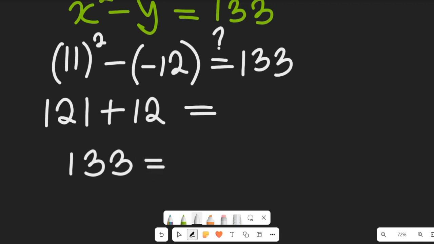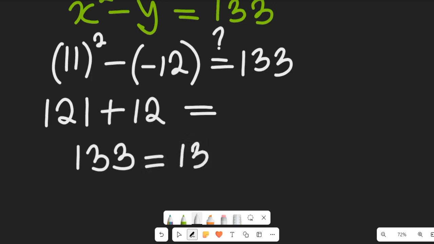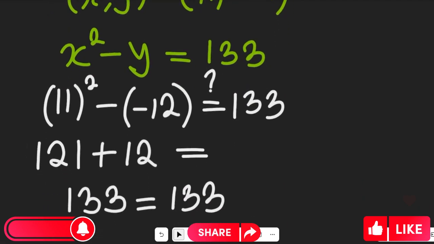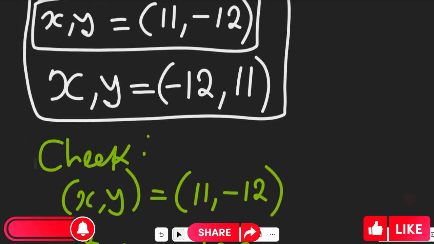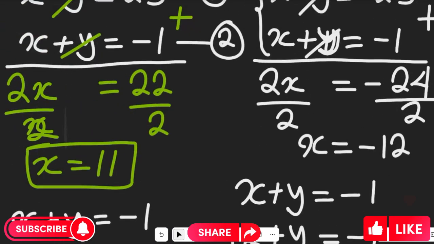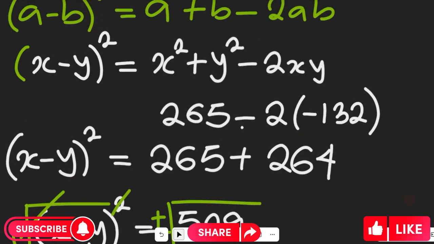So you see 133 is equal to 133, which tells us that the solution x, y equal to 11 and negative 12 is absolutely right. So you can try this for the other solution, and you will find out that the solutions we have for the set of equations given to us above are absolutely right.